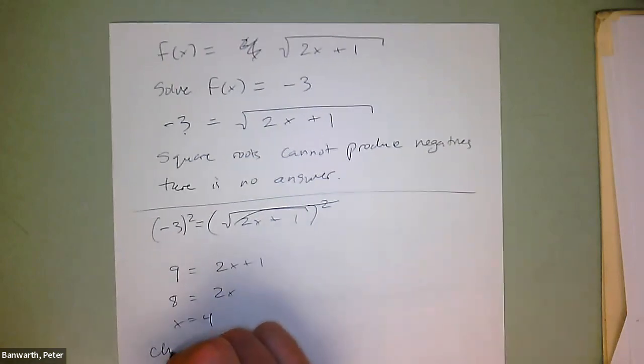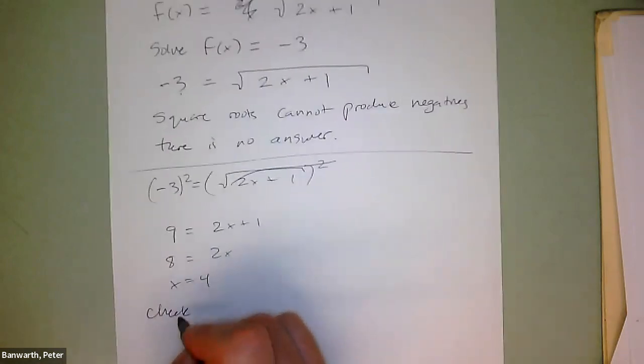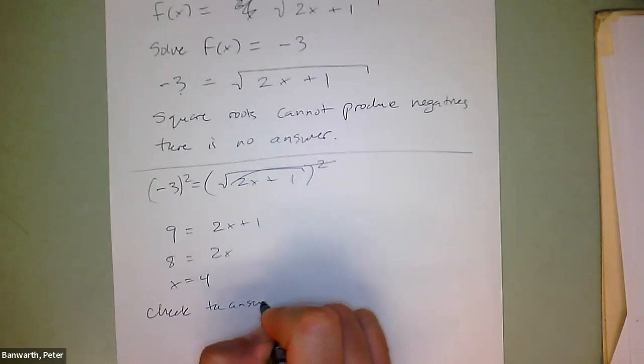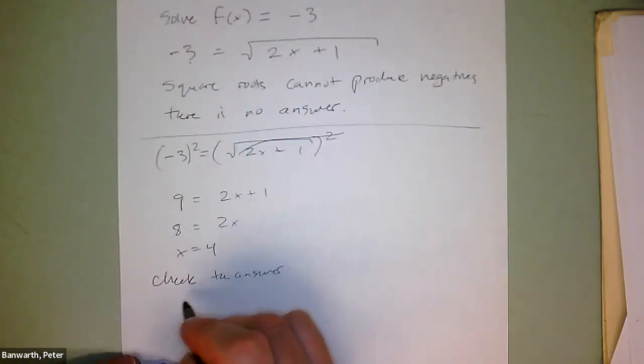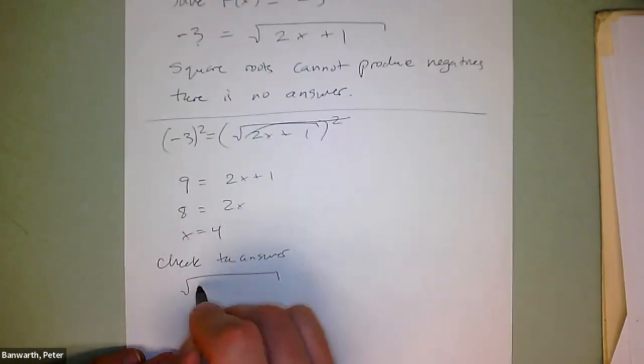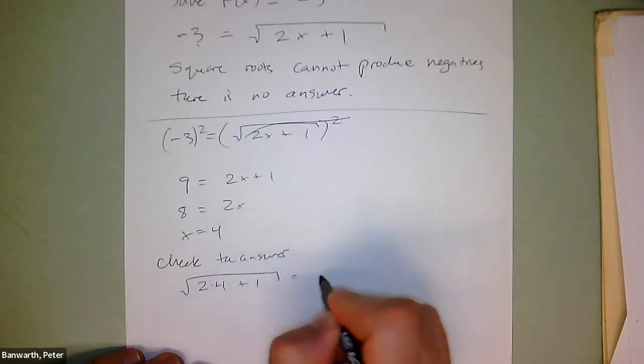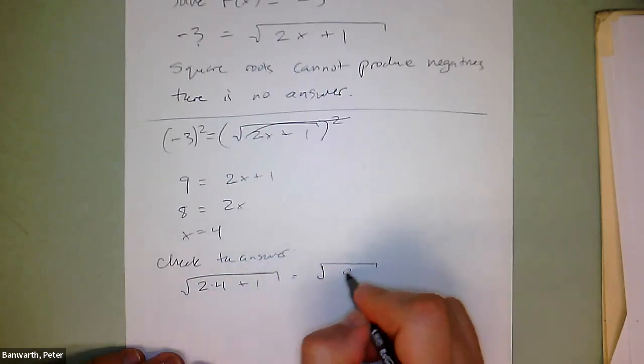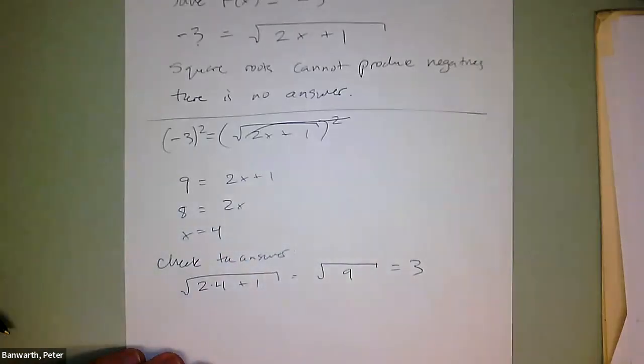And here's where I check. So the other way to do it is to check the answer. And so I plug 4 in to the square root. 2 times 4 plus 1, which is the square root of 9, which is 3.